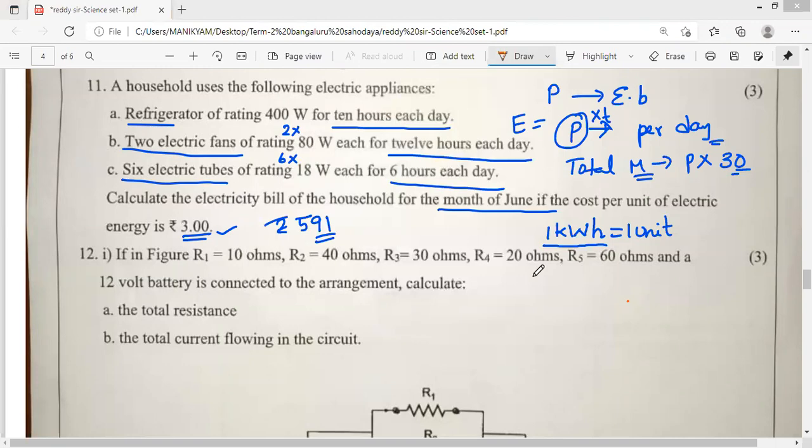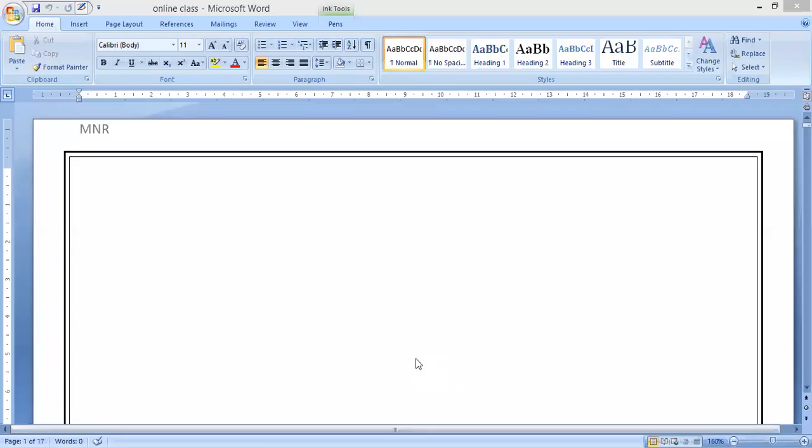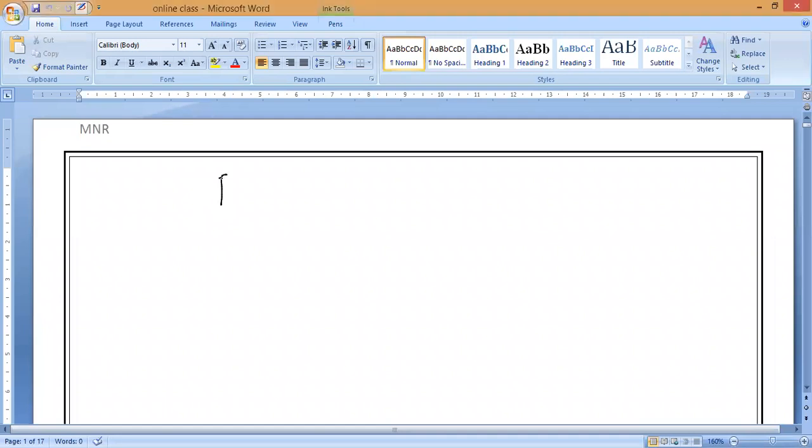Once again, whenever sums like this come, even those who are very good and those who don't know, remember. They always give the power and the time. Or sometimes they will give you V into I, meaning voltage and current. If you know voltage and current, what can we calculate, guys?